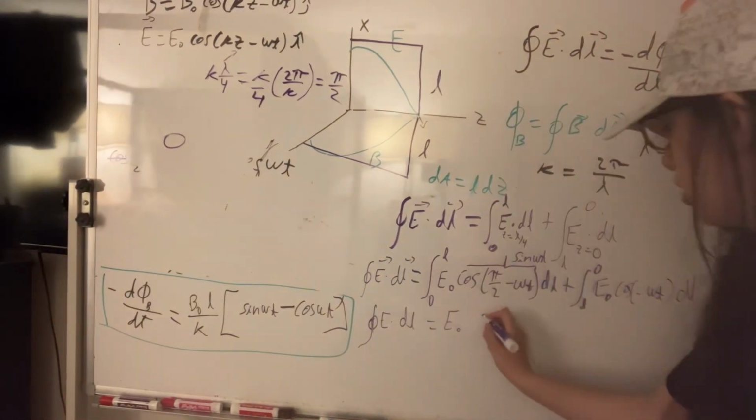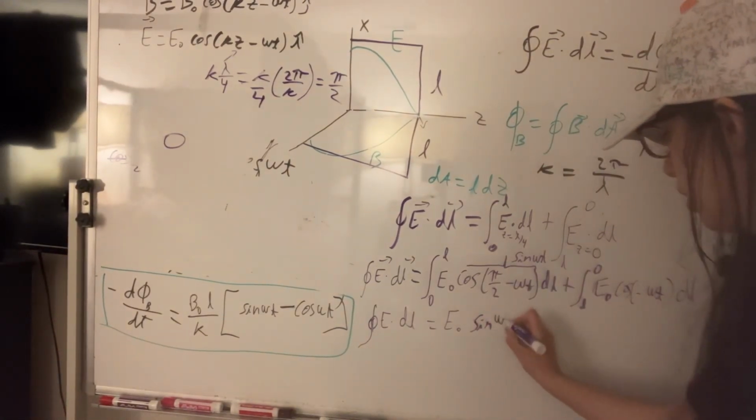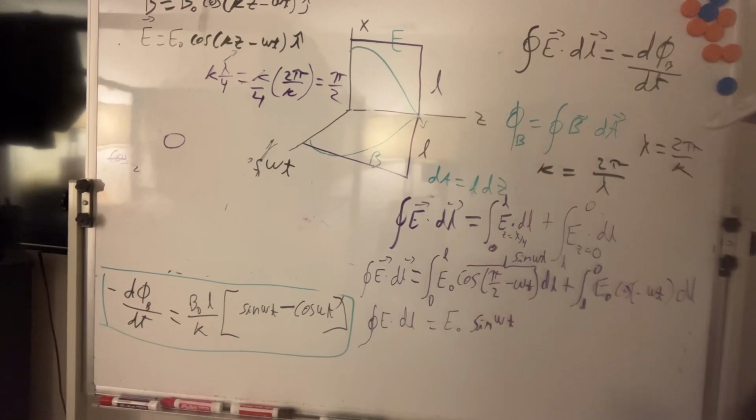So this is E naught sine omega t integrated from 0 to L of dl. Here you can add a 1 if you want, plus E naught cosine of omega t from L to 0 of 1 dl.